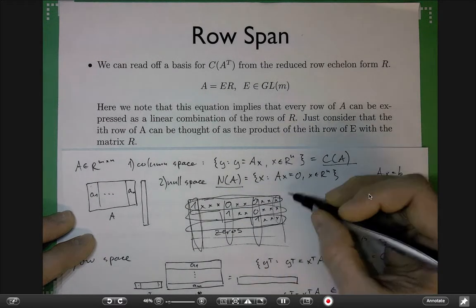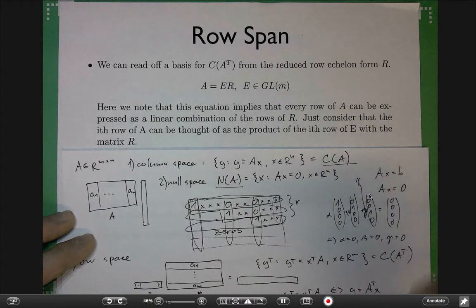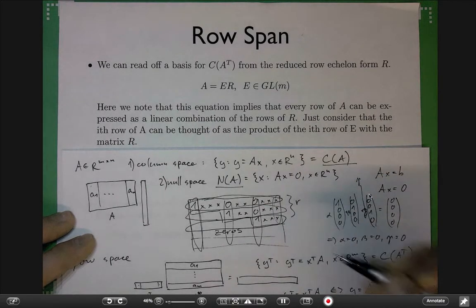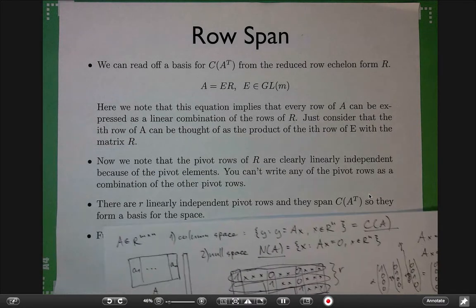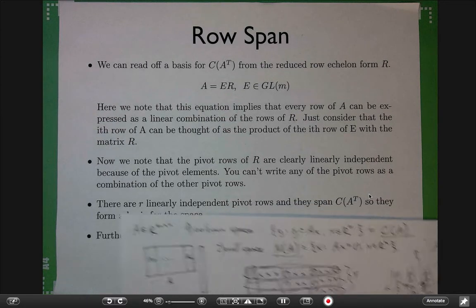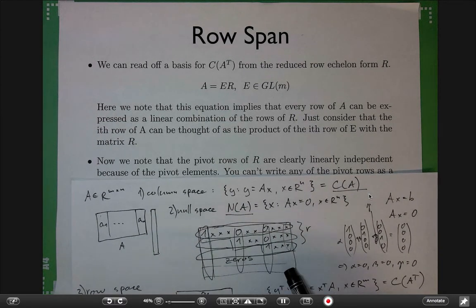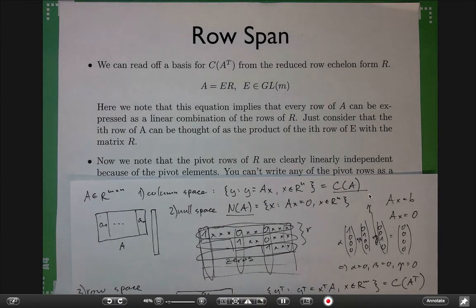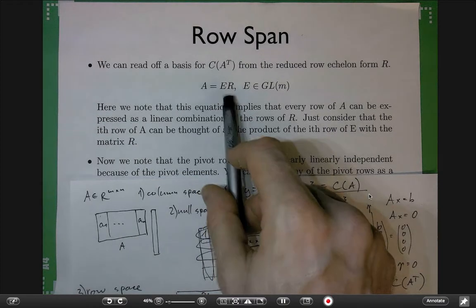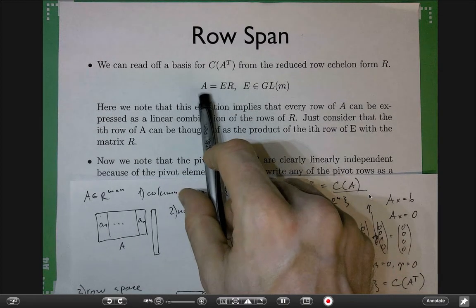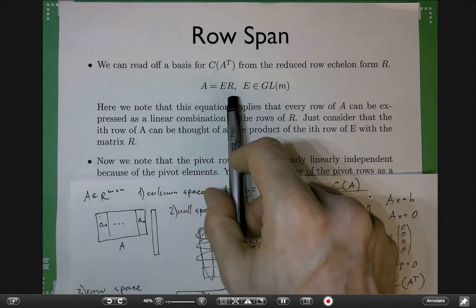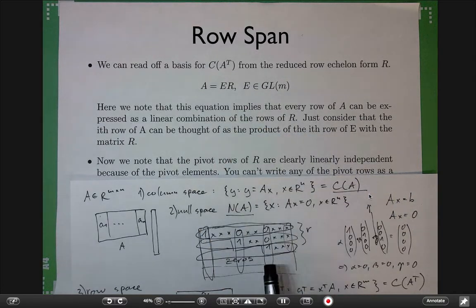Here r is the rank of the matrix, right? And the remaining ones have to be 0. So these vectors generate the entire row space of my matrix. Why? Because the row space of my matrix A is the same as the row space of my matrix R.